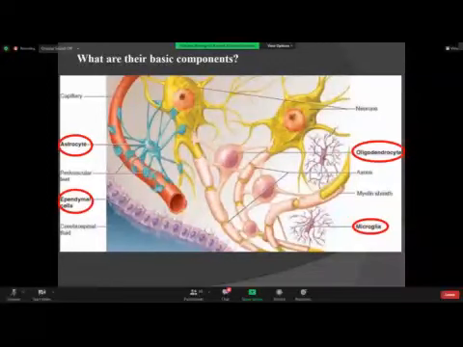The basic components are the neuron, the astrocytes, which are more in the peripheral nervous system, ependymal cells that produce the cerebrospinal fluid, and oligodendrocytes, which are more to do with the central nervous system. Microglia, the examples that you see over here, are the immune system of the nervous system.